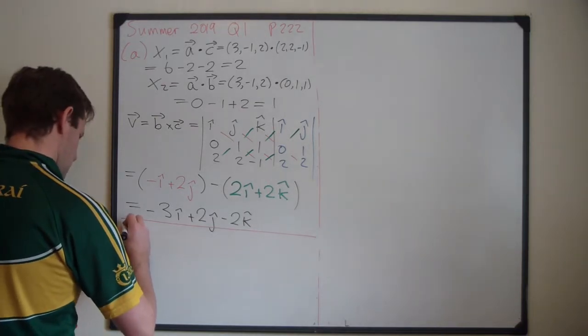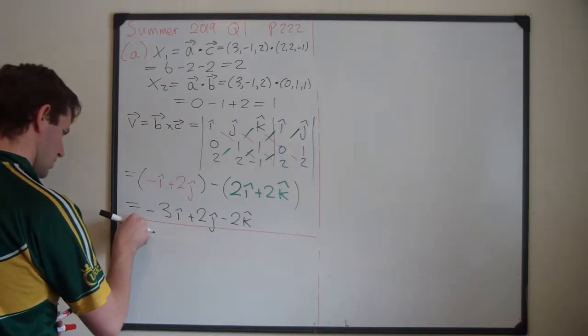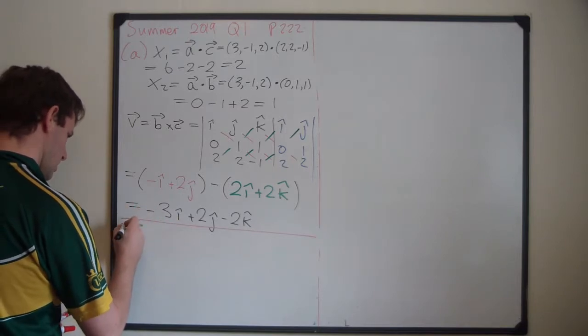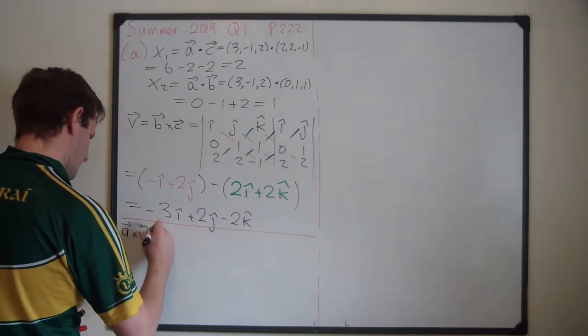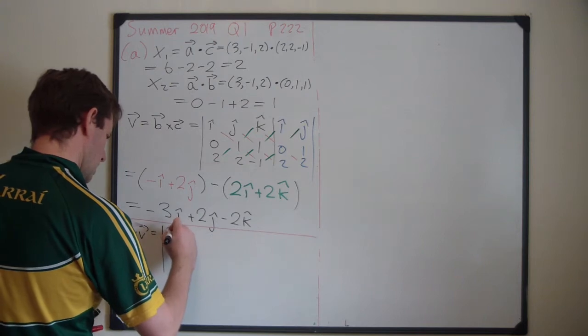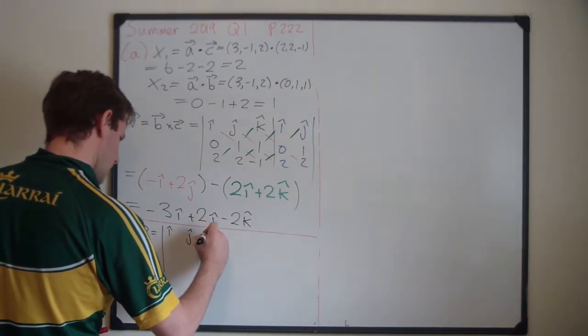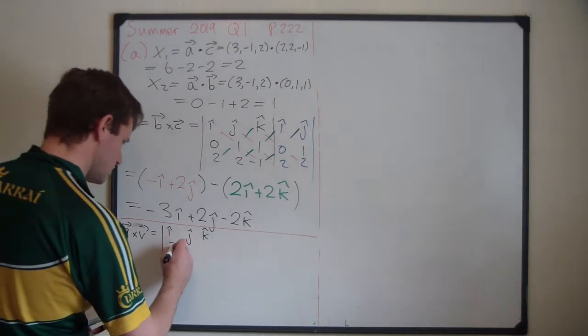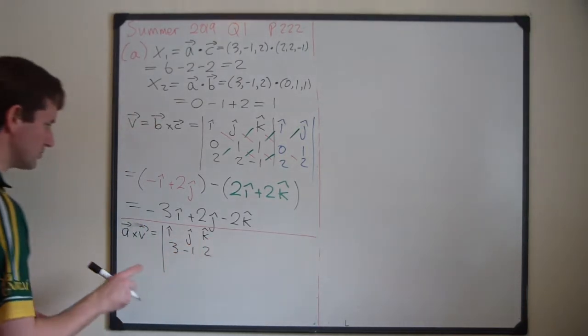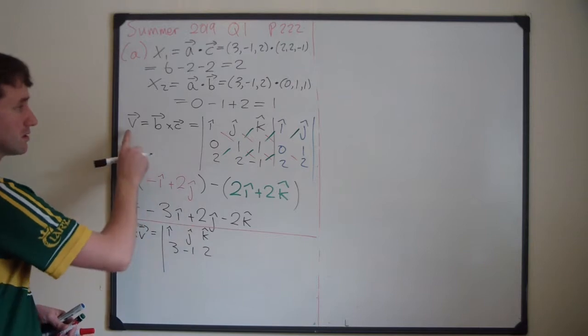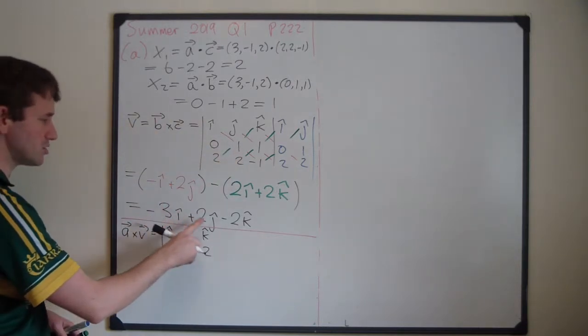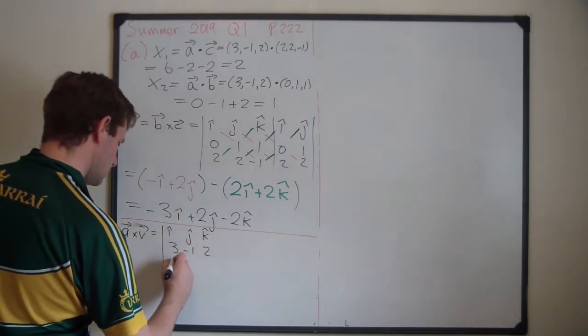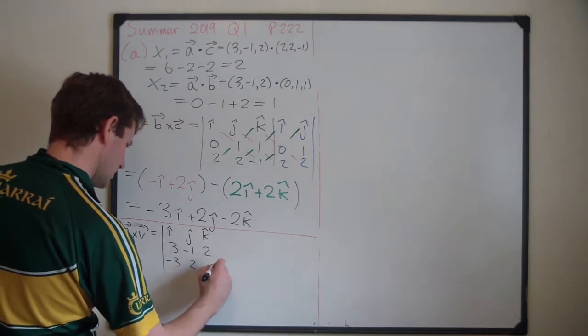So A cross v. i, j, k. The components of A are 3, minus 1, 2. And the components of v, v equals minus 3, 2, minus 2.